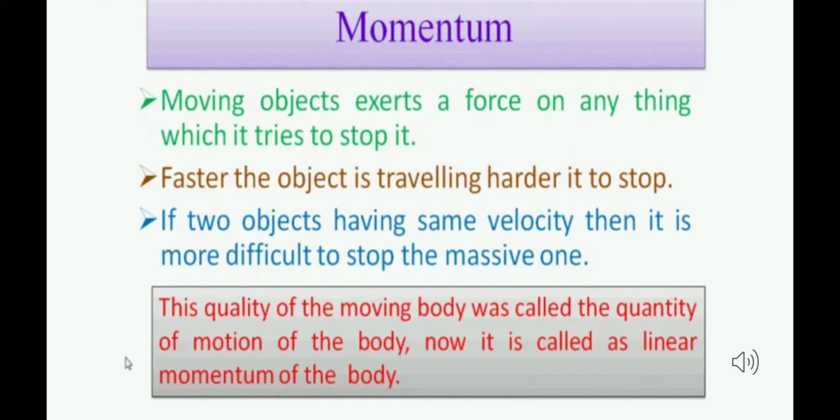Momentum equals mass multiplied by velocity of the body. Momentum is written with a small p. Anywhere you see small p in physics, that means momentum.